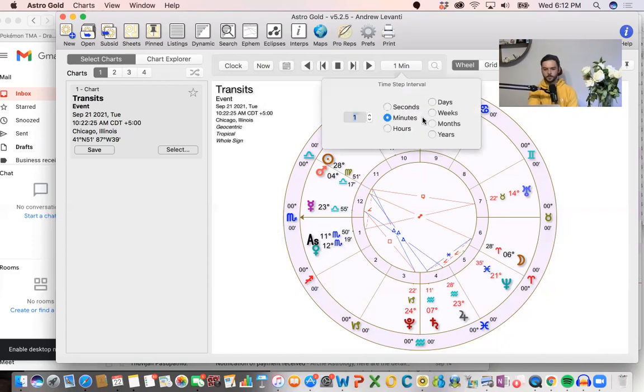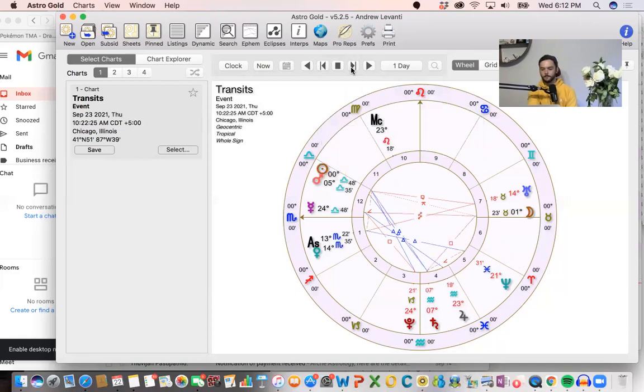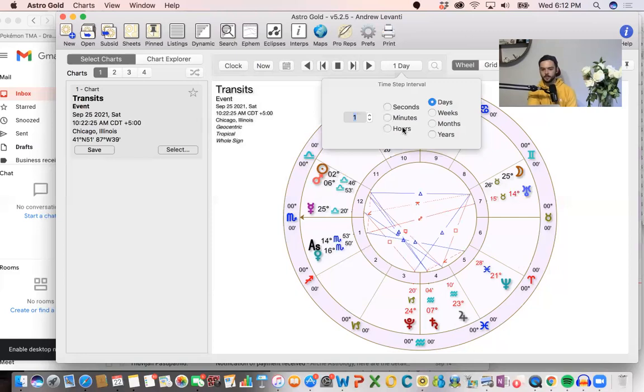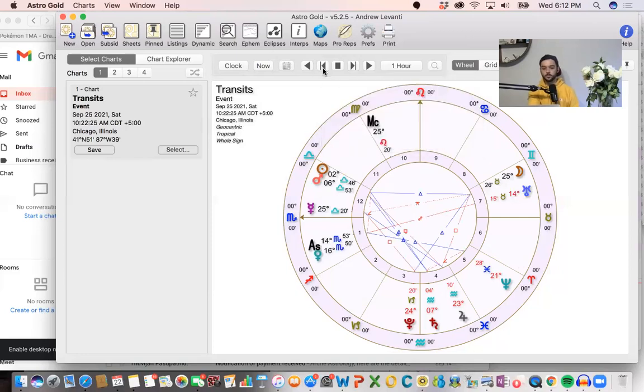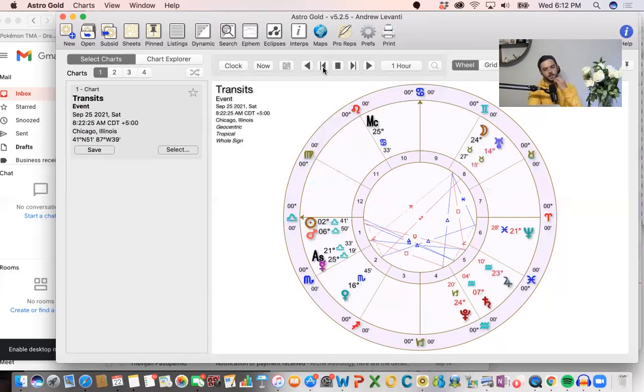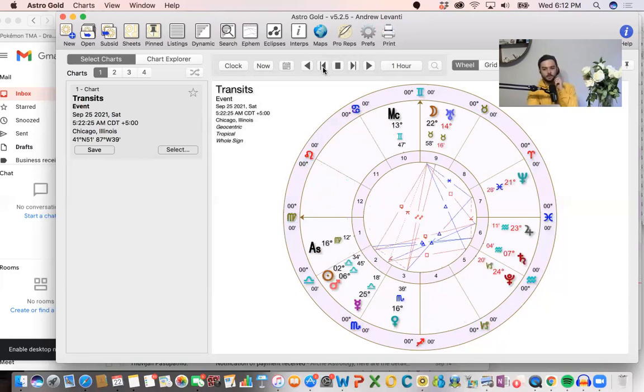Let's head forward to a more positive election. I'm going to go to a nice little pocket here where the moon is between benefics. So this is going to be another example of a chart where we have a mutual application of planets.